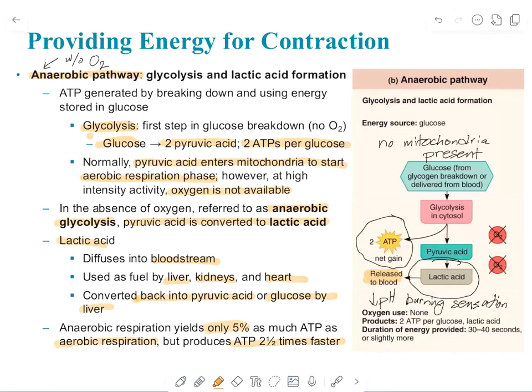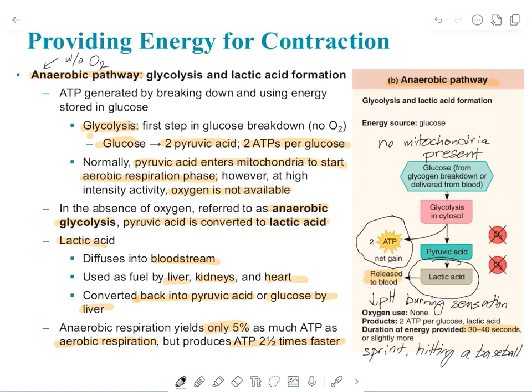This anaerobic pathway would be used for a period of about 30 to 40 seconds, something like a sprint maybe, or a very powerful movement like hitting a baseball would be an example of this.